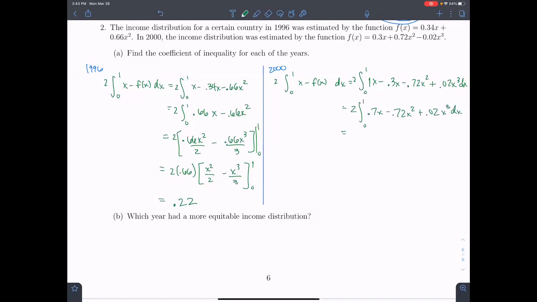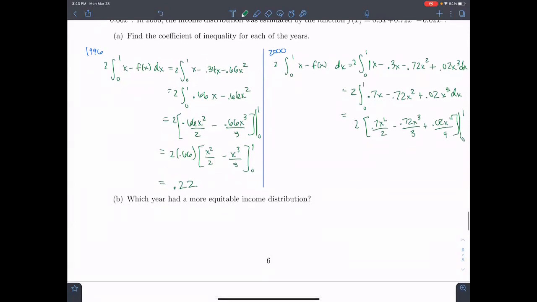And then 0.7x squared over 2 minus 0.72x cubed over 3 plus 0.02x to the 4th over 4, evaluated from 0 to 1. And then when you do that, I have 2 times 0.7 over 2 minus 0.72 over 3 plus 0.02 over 4, all of that minus 0. This is 0.23.